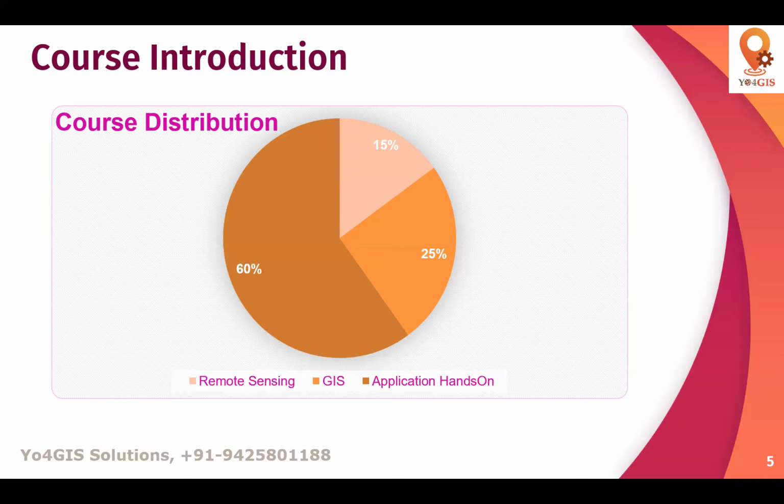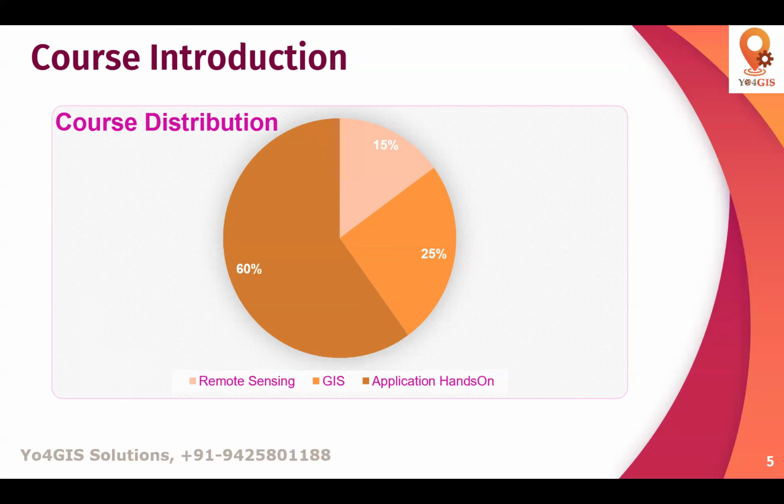There are many different software, but in our course, we are going to cover ArcGIS Pro and QGIS, and I hope these two software are more than enough to work on GIS in any company or research or for any academic purpose.